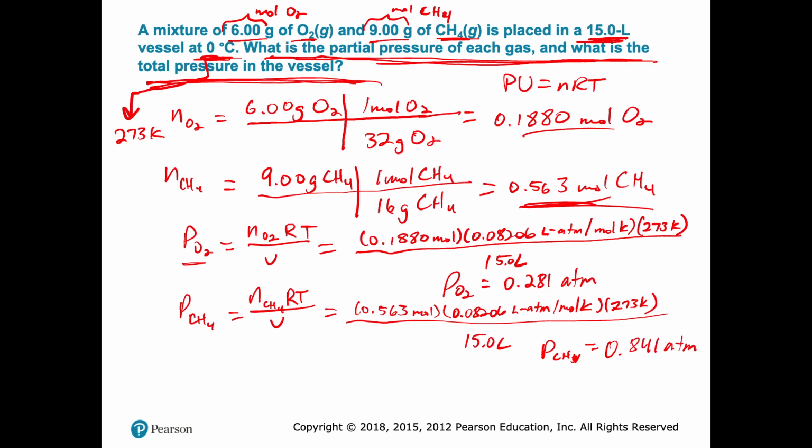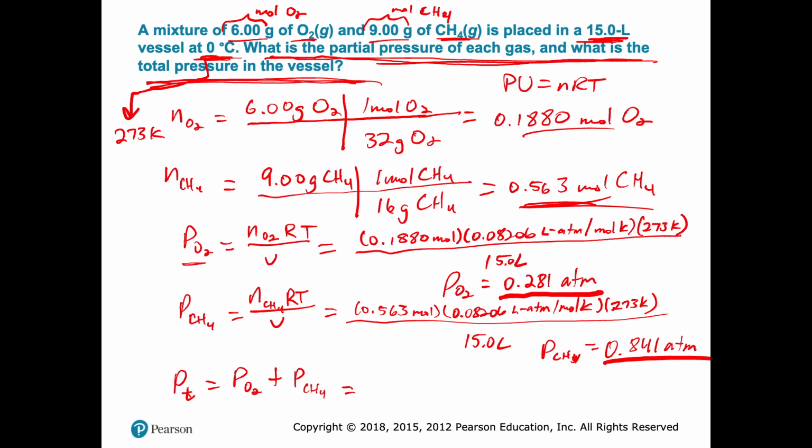atm. Okay? So now that you've got the partial pressure for methane and the partial pressure for oxygen, you can figure out the total pressure of the vessel. Because remember, Dalton's partial pressure law says that the total pressure of a vessel equals the sum of all the partial pressures of all the individual gases. So in this case, it'd be the partial pressure of oxygen plus the partial pressure of methane.